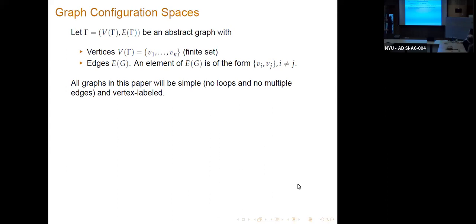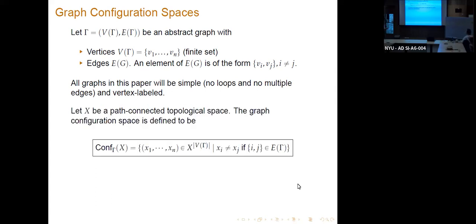You take an abstract graph given by vertices and edges, and for any nice enough space X, you can construct this configuration space. It's tuples of points, as many points as we have vertices in the graph, with x_i not equal to x_j if ij is an edge.